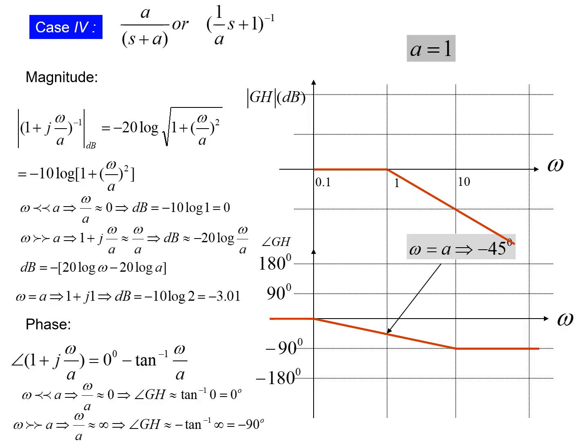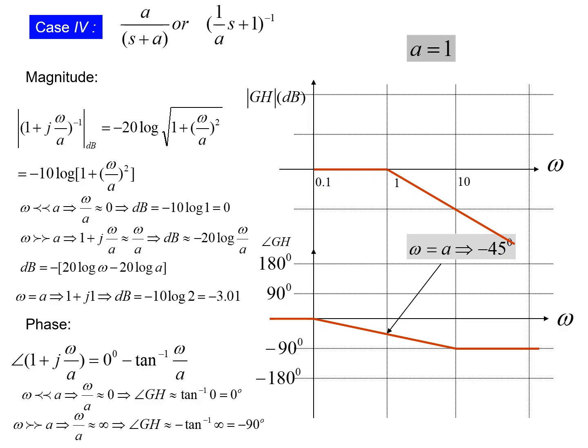And this part is for omega equal to a. It means minus tangent inverse 1, which gives minus 45 degrees.